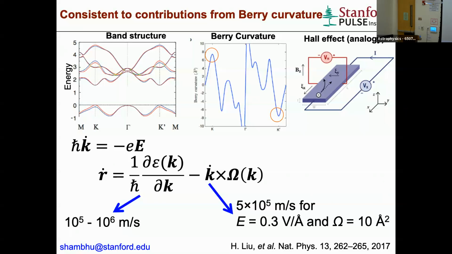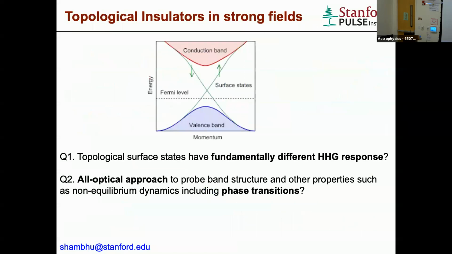So similarly here, this Berry curvature gives rise to this nonlinear current in the out of plane direction, and that could be a source of this orthogonal polarization in the harmonics.